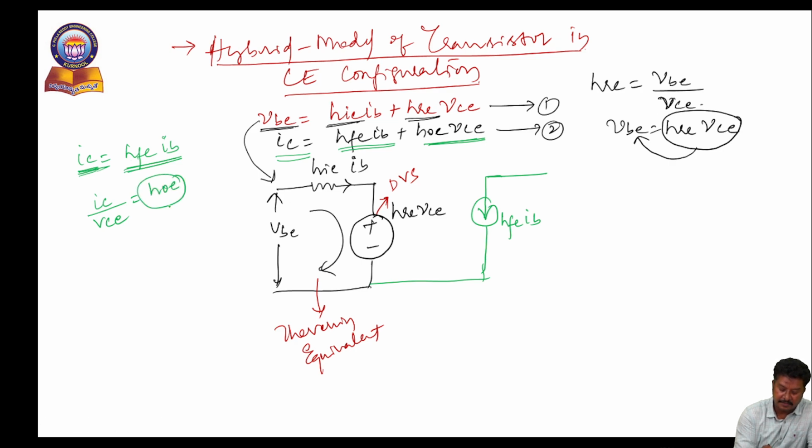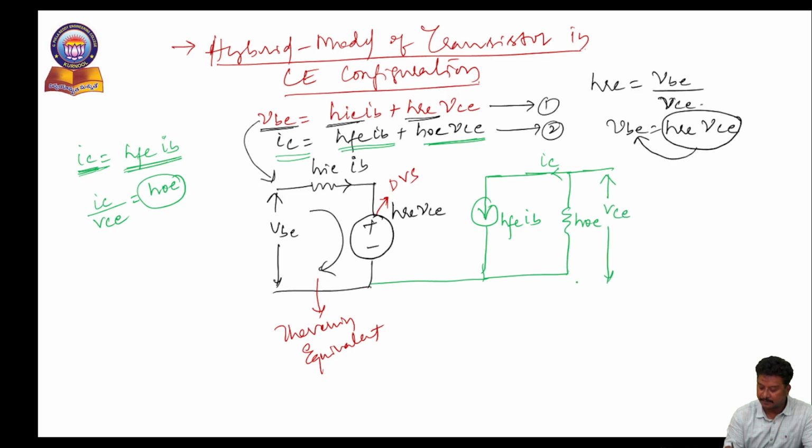This nature is opposite to a resistance, nothing but admittance. Even the admittance is represented with respect to a resistance. So I am representing the HOE behavior with a resistance, so this is IC and this is VCE. This is grounded, and the input I am applying across the base, the output is taken across the collector, and the emitter is common.